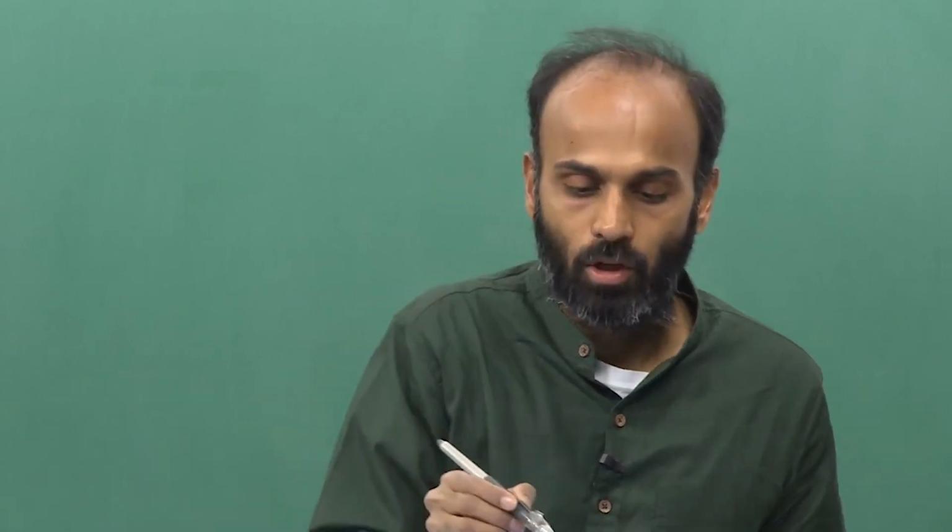Alright, so we are looking at the autocorrelation function of the transmitted digital communication signal, that is, the expected value of x(t) into x(t plus tau). So, we want to compute the autocorrelation function, the expected value of x(t) into x(t plus tau).